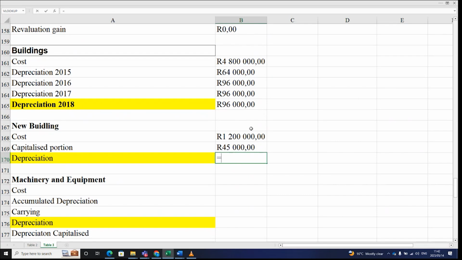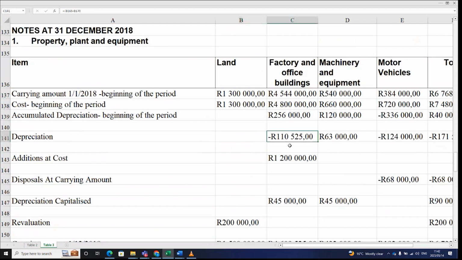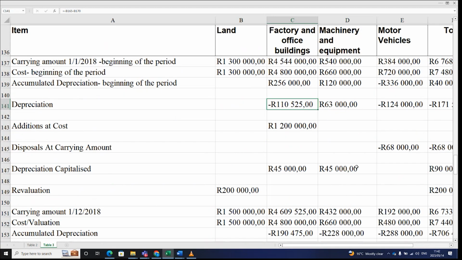So for that we say this plus this, times 2% times 7 out of 12. Then we also added that to the depreciation of the old building, and that gives us a depreciation of 110,000 Rand. So that's essentially the idea we've got over here.